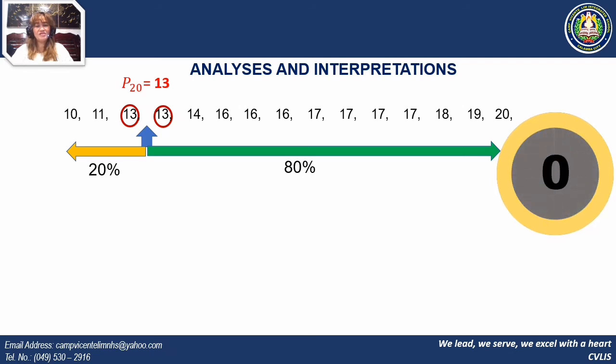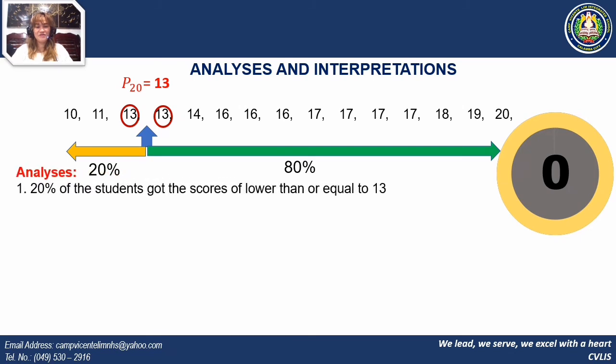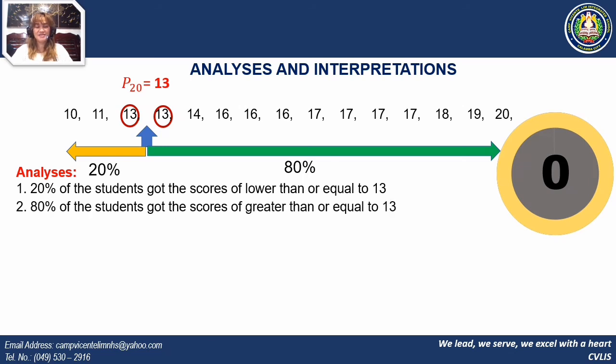Okay, so let me reveal the possible statements for the analysis and interpretations. First, 20% of the students got scores lower than or equal to 13. 80% of the students got scores greater than or equal to 13.